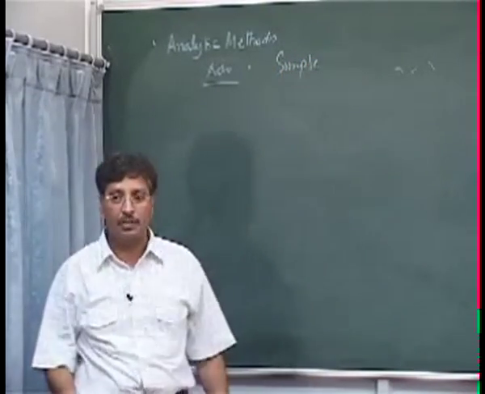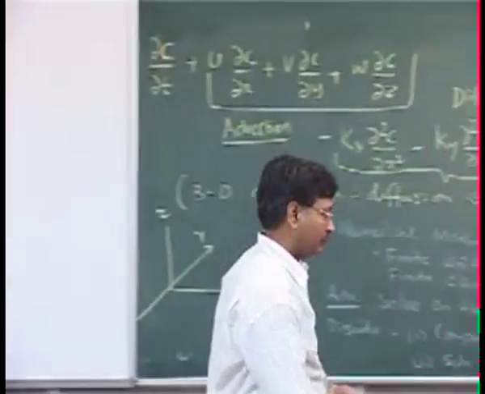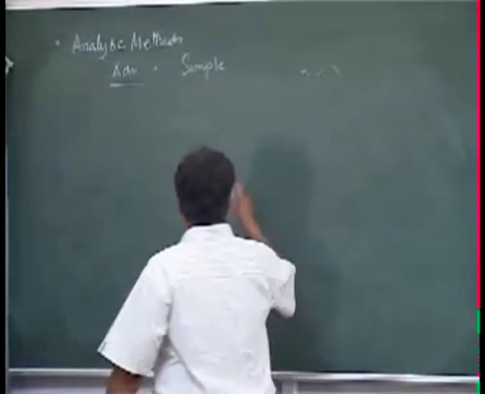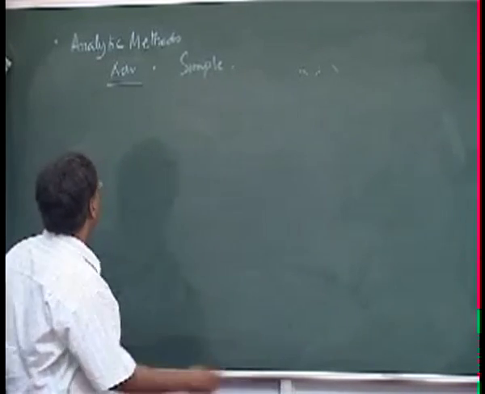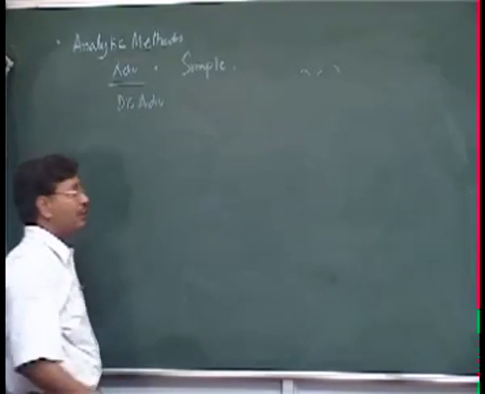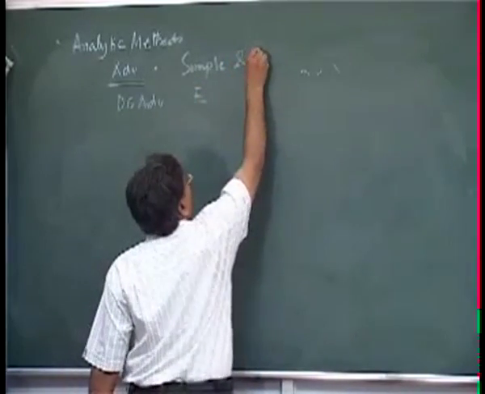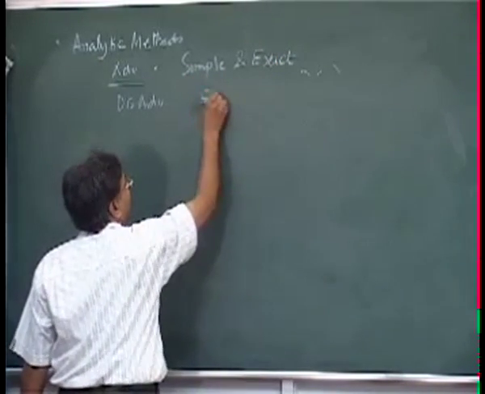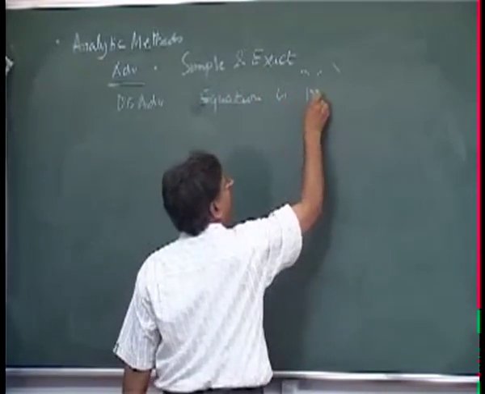Sometimes it may be so simple that you don't even need a calculator if you have the closed form solution. Simple, but the disadvantage is that to start with, the equation becomes inexact. Simple, but you started with an inexact equation.